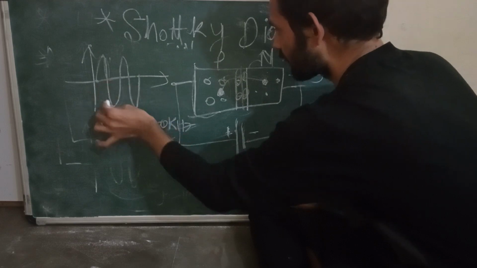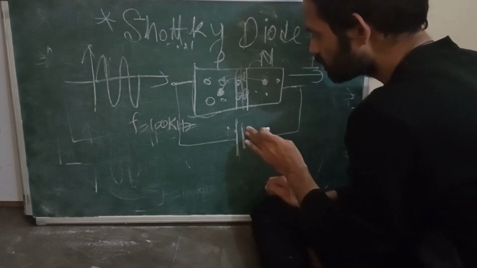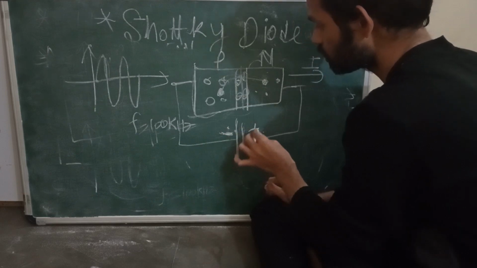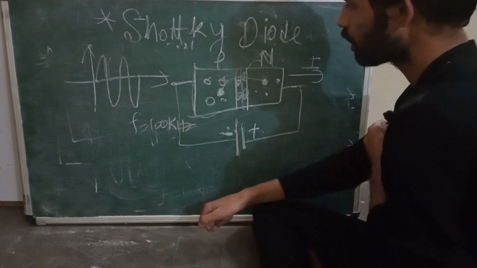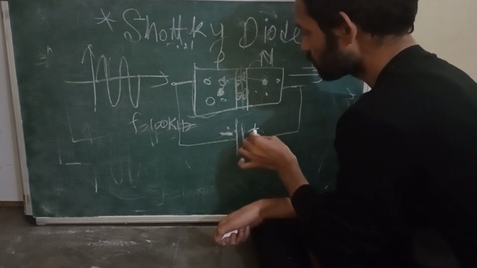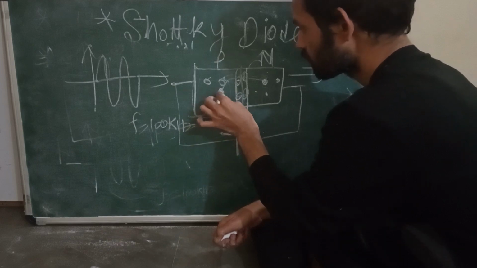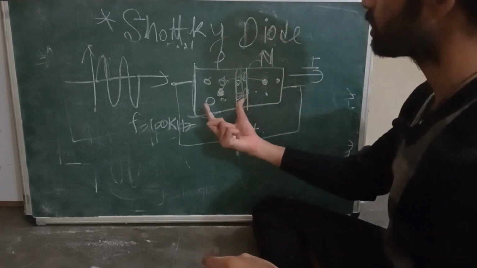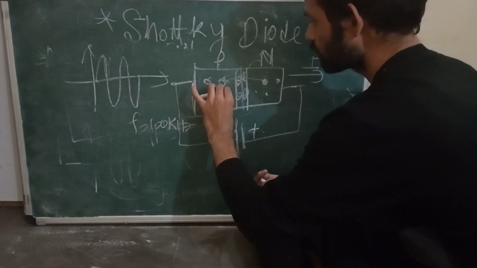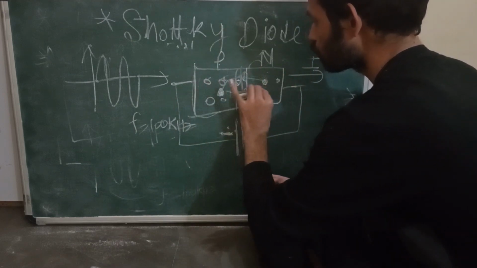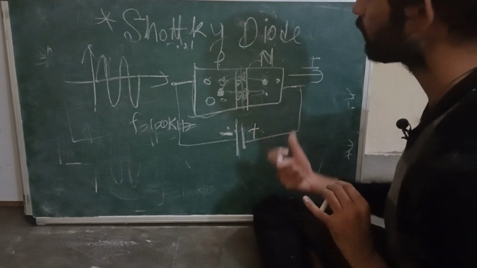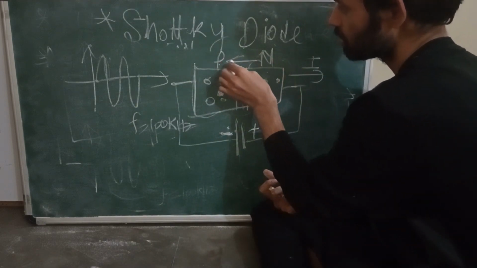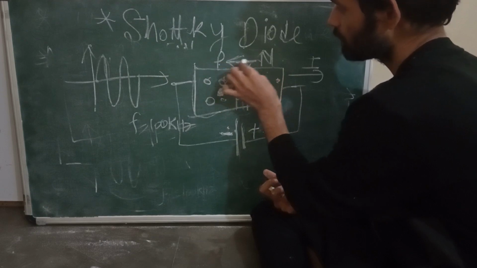Now see, during the negative cycle this polarity will change. Now this is negative, this is positive. This electron will act as a minority charge carrier in the p side, so it will move from the p side to the n side, because the electric field formation is from the n side to the p side.